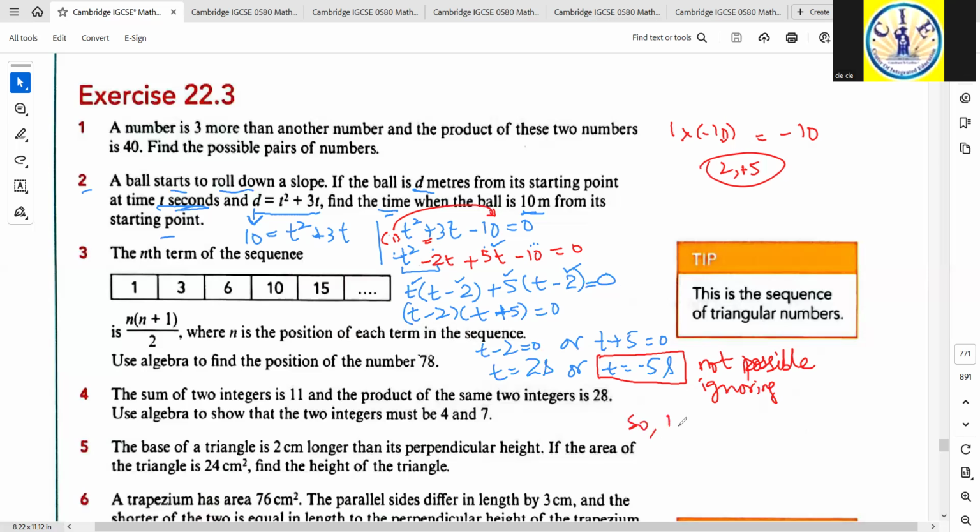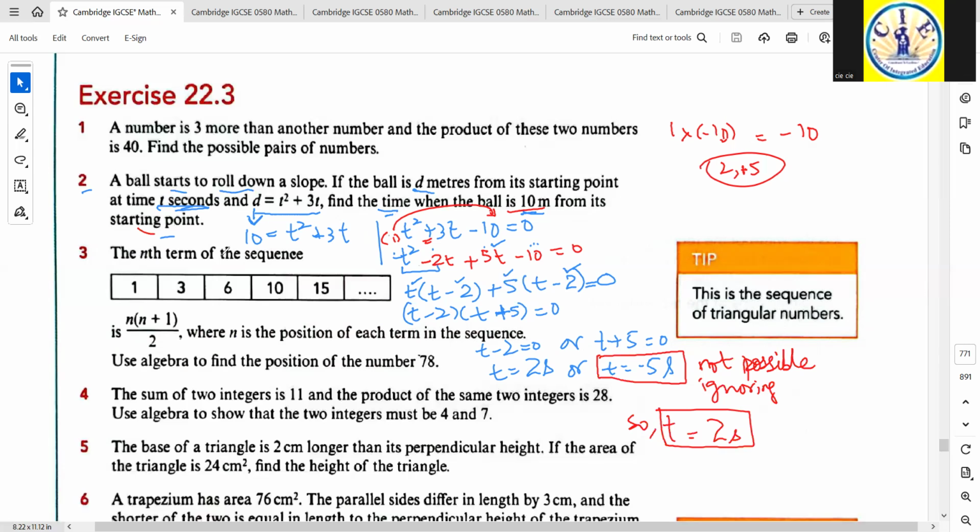So finally, in this case, the time has only one value, and that is equal to 2 seconds. So that is the time when the ball is 10 meters from its starting point, after 2 seconds from the time of its start. So that is how this question number 2 had to be done.